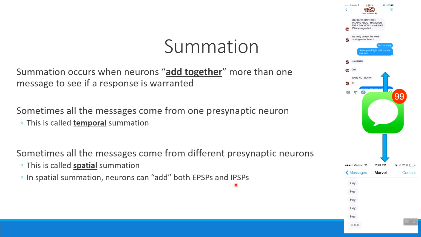If I'm going to hear two different kinds of messages, I have to be talking to more than one kind of neuron. So keep in mind the only time I can add both EPSPs and IPSPs together, the two different kinds of messages, has to be spatial summation. I have to be listening to more than one neuron.